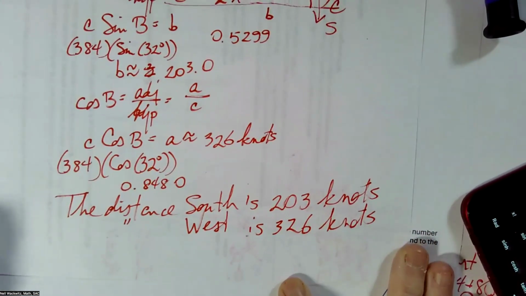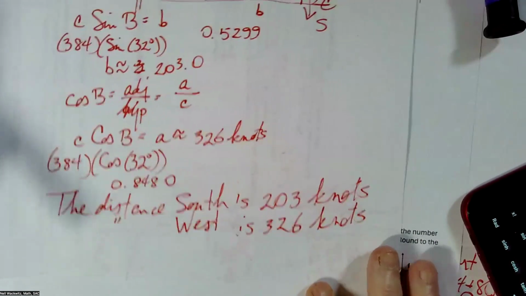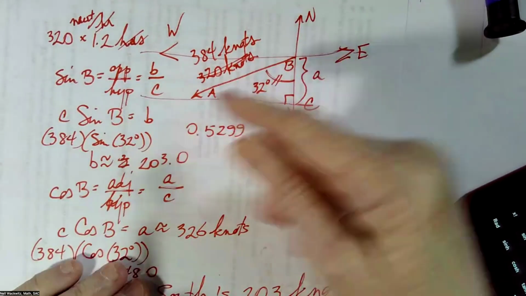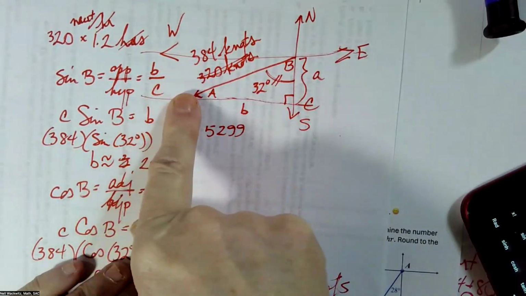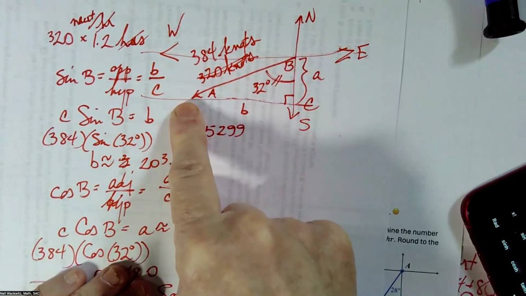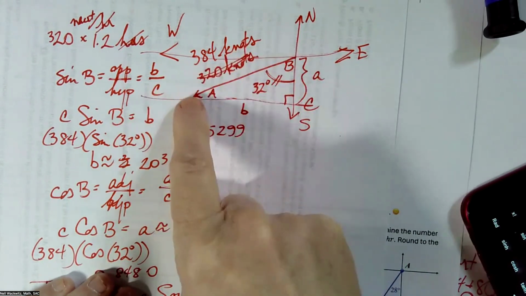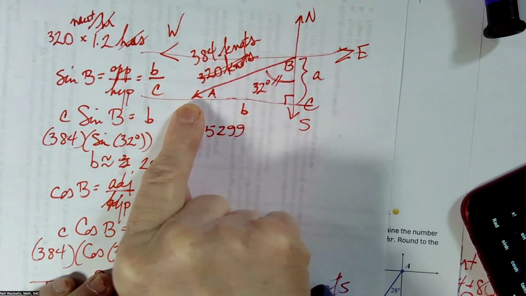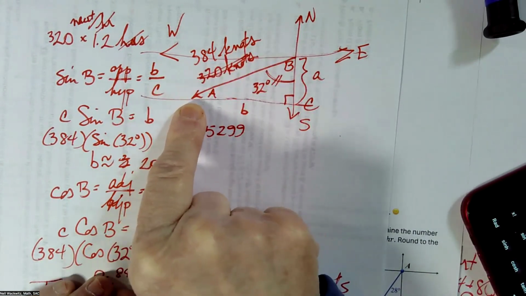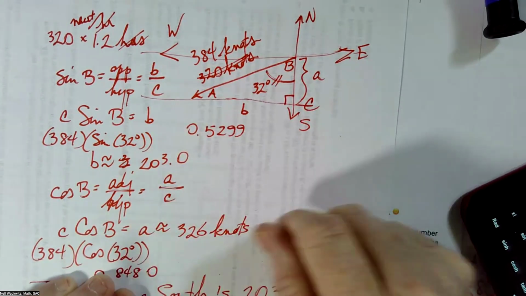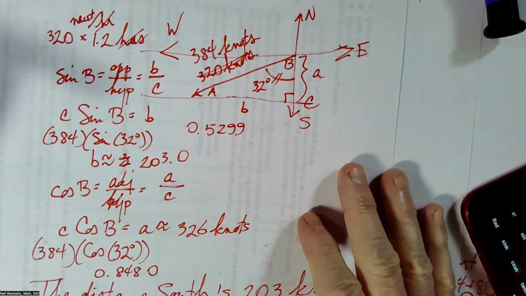But I want y'all to remember that we can take something that is at an angle, like this bearing for the flight, and break it into horizontal and vertical components by using sine and cosine.